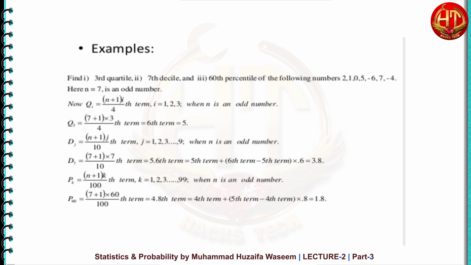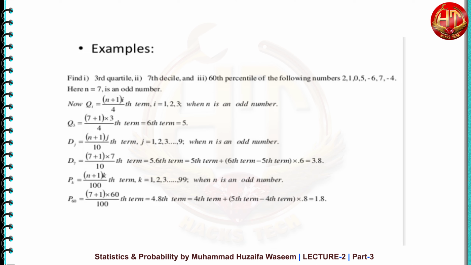Put n is equal to 7 and i is equal to 3 in the given formula, and solve, which gives the 6th term in the given series. After arranging the series in ascending order, your third quartile is equal to 5.